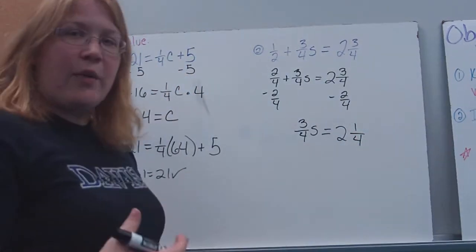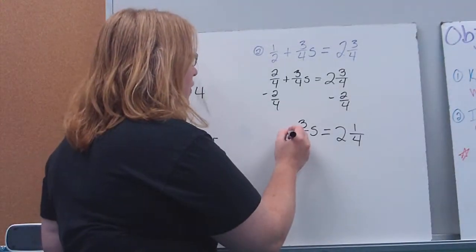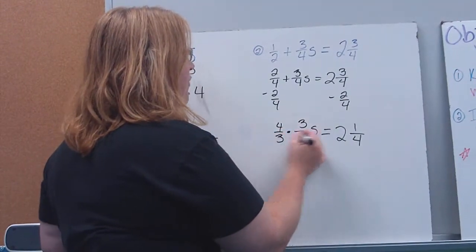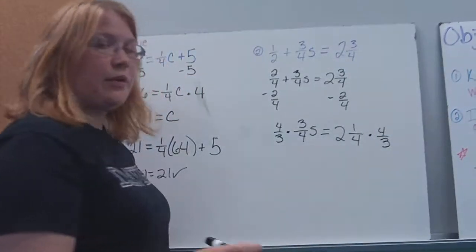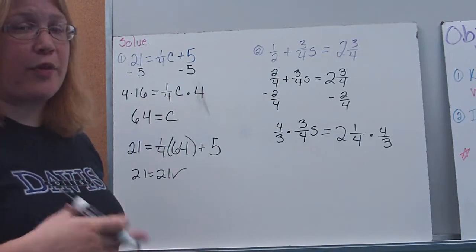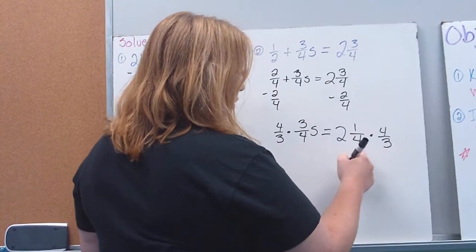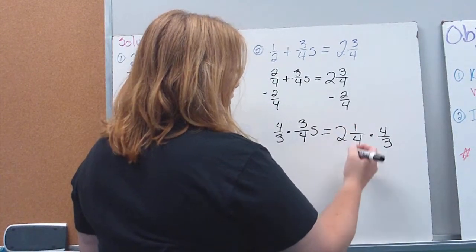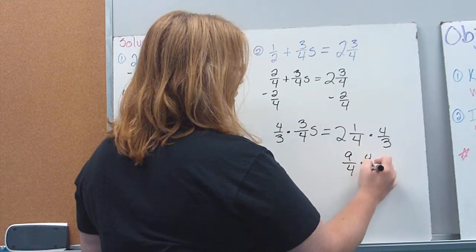All right, now we're going to undo our multiplication. We're going to do that by multiplying by the inverse. So I'm going to multiply by 4/3. Now, what you want to remember here, I have a mixed number. Remember, when we're multiplying, we absolutely have to change that into an improper fraction, or we're going to wind up with a crazy number. So I'm going to rewrite this. 2 times 4 is 8, plus 1 is 9. 9/4 times 4/3.